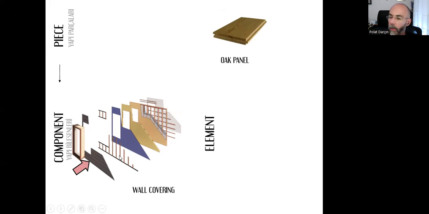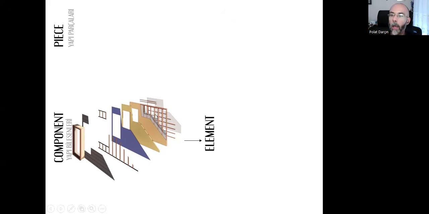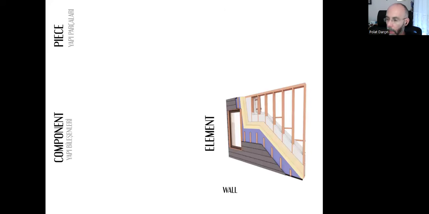Again, we can have insulation layers. We can have a window or a door as a component, and all these different components. One component, window, another component, wall covering, another one, wall structure. When we gather them all up, we will have this element, wall, duvar.